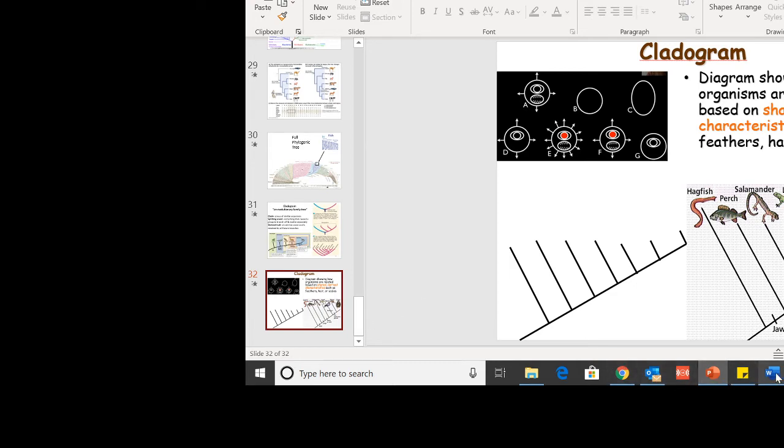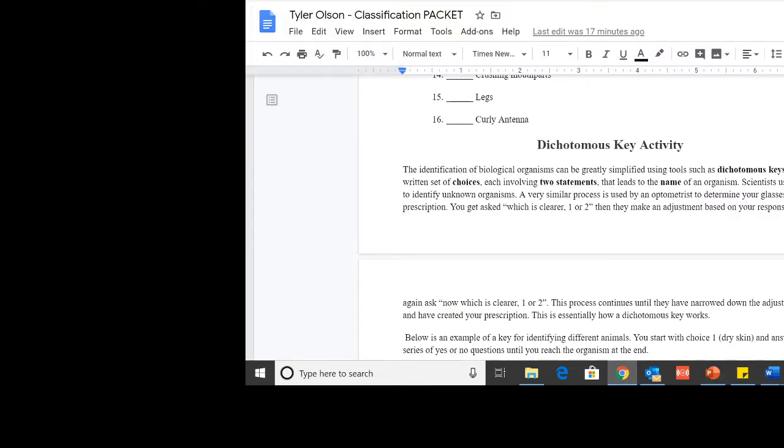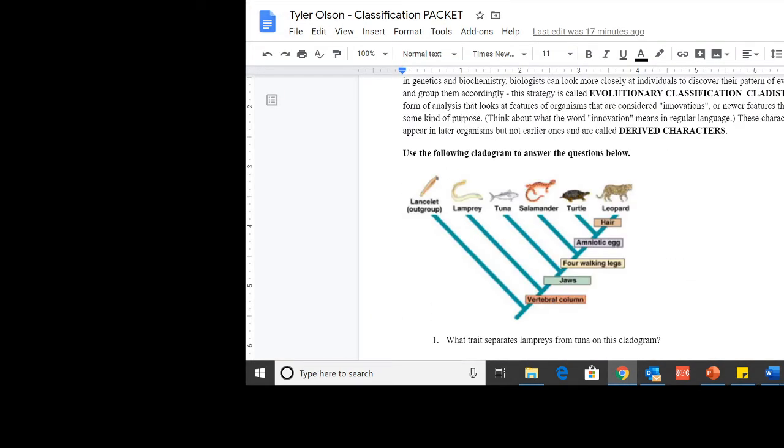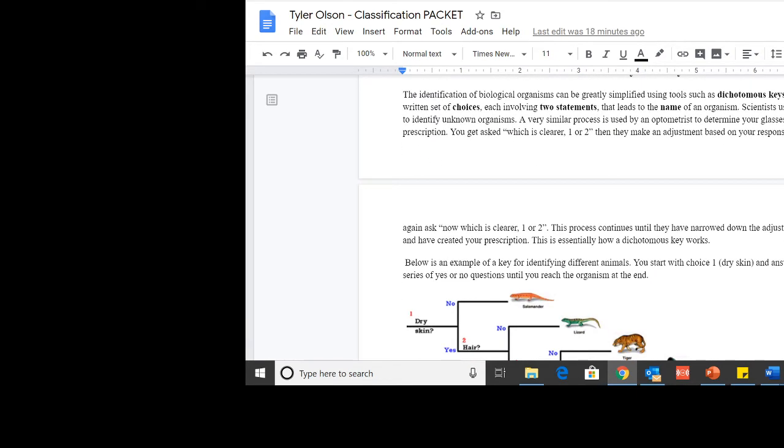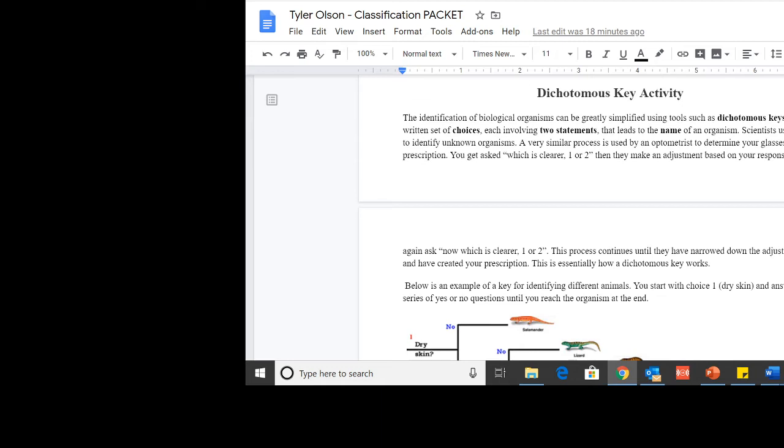Okay. And so you'll have to answer some questions on cladograms. And then you'll go into dichotomous keys, okay? And a dichotomous key is di meaning two, basically a two-choice sort of naming thing, all right? And so as you look at a dichotomous key, or two-choice option is kind of what it translates to, okay?